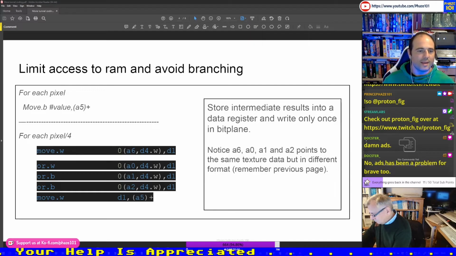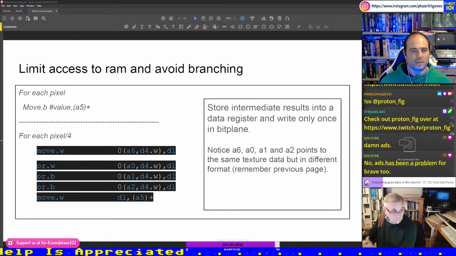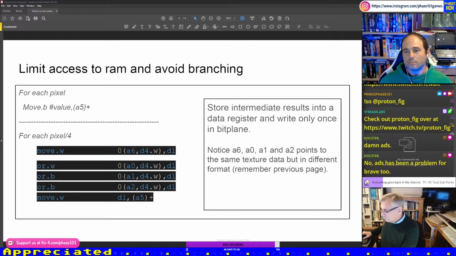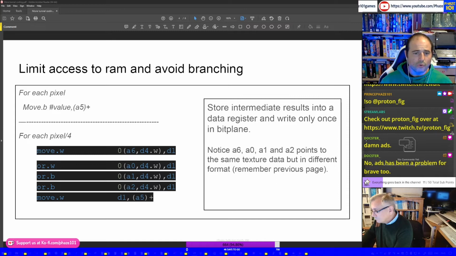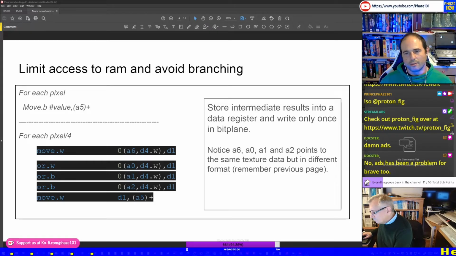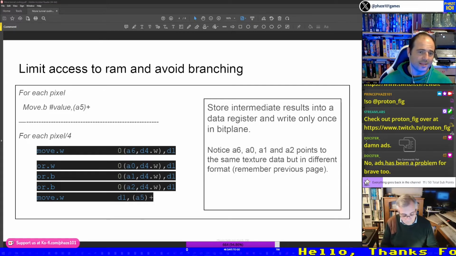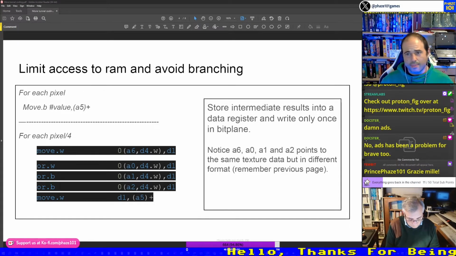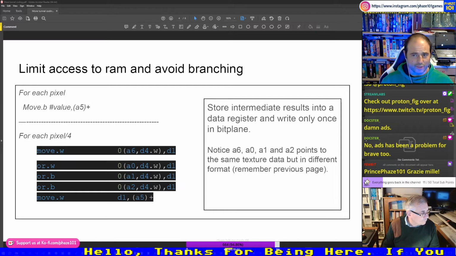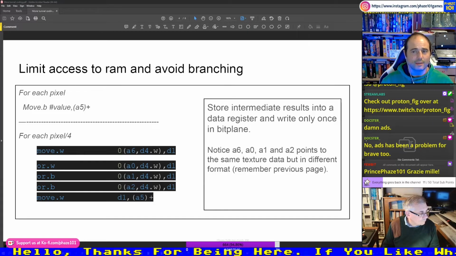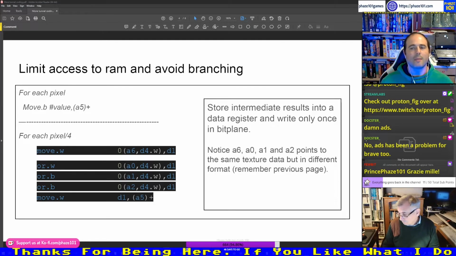So with this technique, I came out with just a few memory accesses into the bit plane. Notice that on each instruction, I change the address register. At first, I use A6, then A0, A1, and A2. These are the pointers of the texture data. These are my 4 images, all representing the same XOR texture.